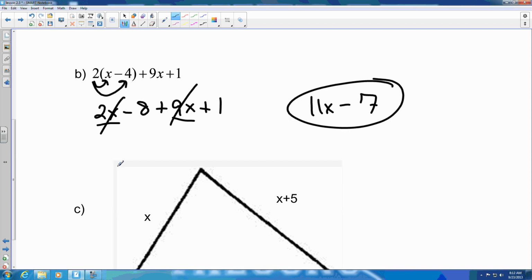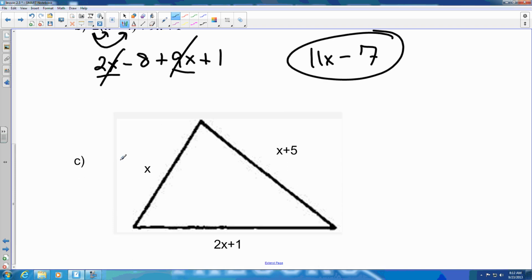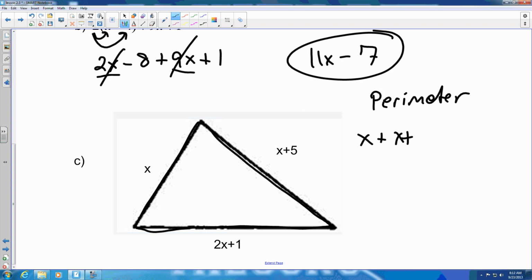All right. Last thing, I have a triangle here. I want you to simplify the expression of the perimeter. Now, if you remember, perimeter is when you add all the sides up. So for this triangle, it's x plus 5 plus 2x plus 1.